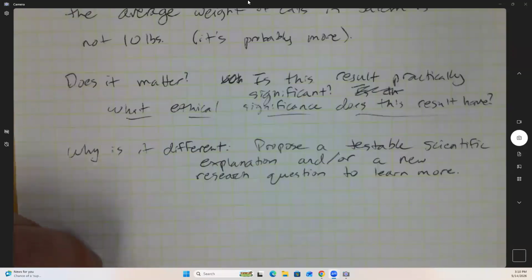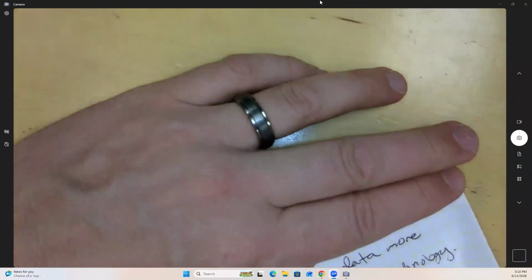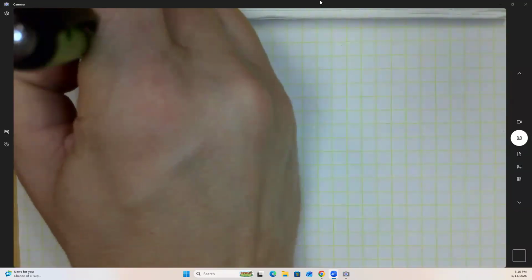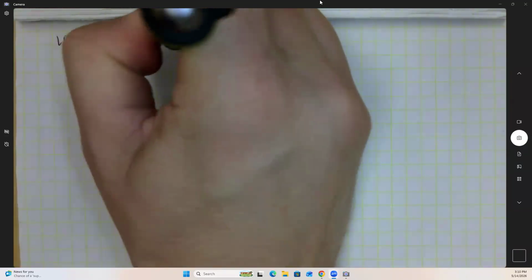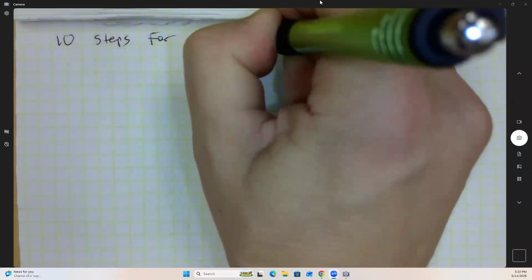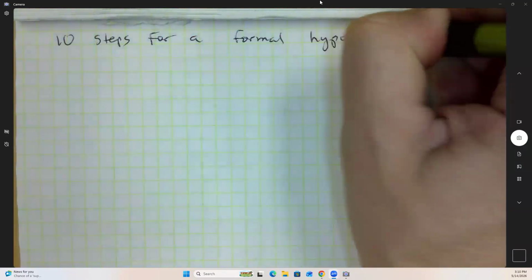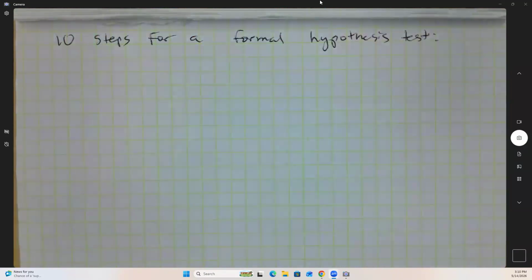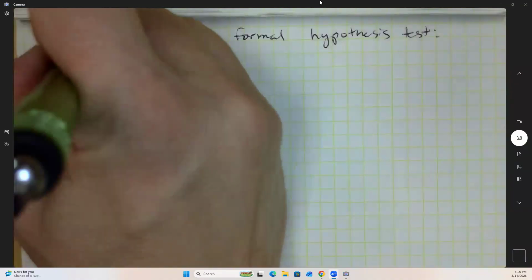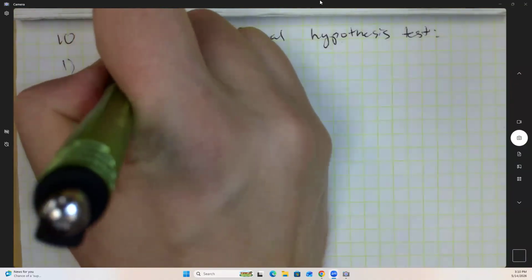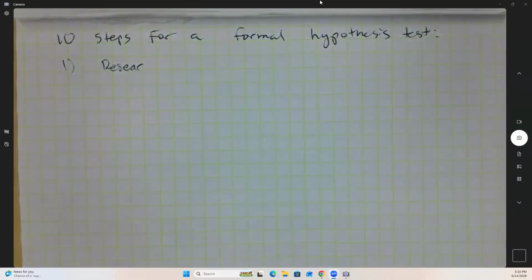All right. Now I'm going to show you Peter's 10 steps when you want to do a fancy schmancy formal hypothesis test. First, we get a research question.